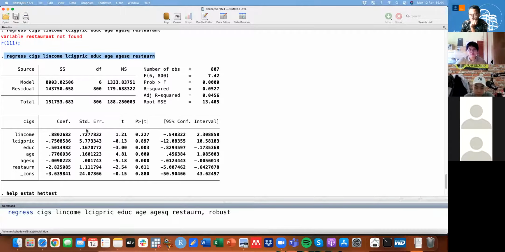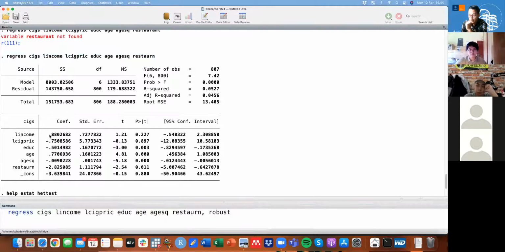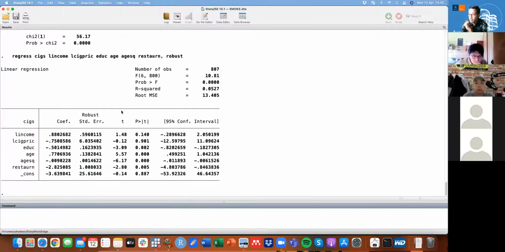Now, pay attention to the following. In particular, pay attention to the estimated coefficient and the estimated standard error given the heteroskedasticity robust option. Let's just take one variable, which is the log of income, and then run.